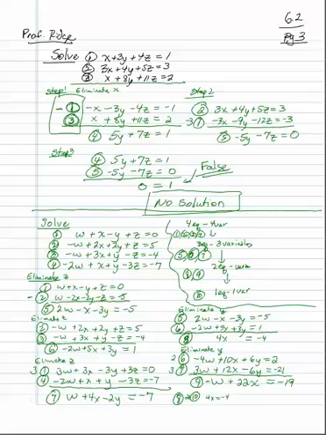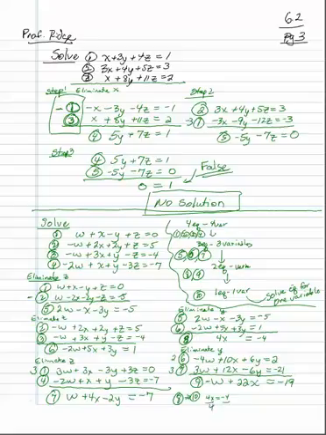Now, once you're at one equation, one variable, then you're going to solve that equation for the one variable. Okay. So now I'm going to solve equation 10 for the one variable.